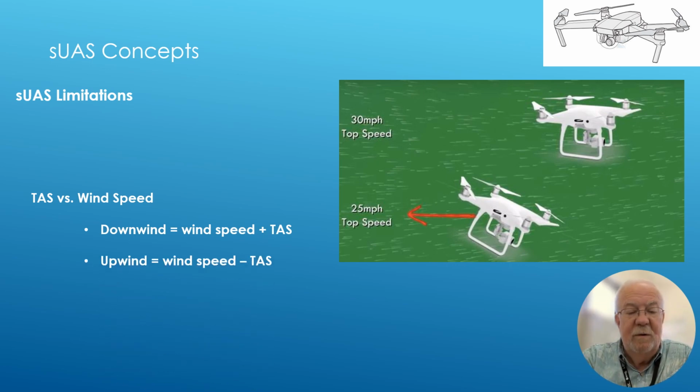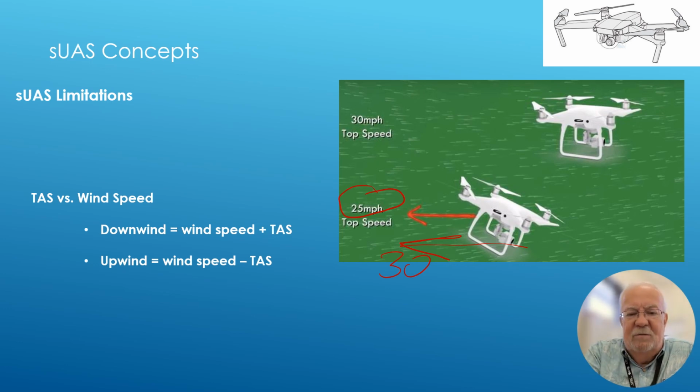Let me do one more bit. Okay, so if you're flying with the wind, you would add the wind speed to it. So you're moving at this little diagram here, 25 miles an hour. Let's say your drone flies at 25 miles an hour. If you have a 5 mile an hour wind blowing in that direction, your ground speed is going to be 30. Great, fantastic.